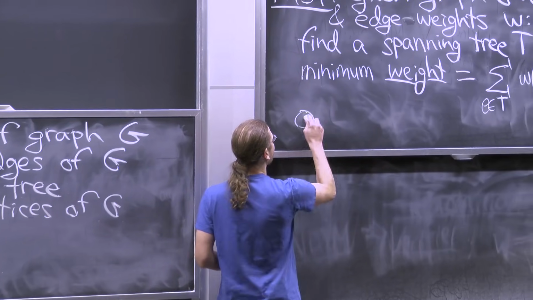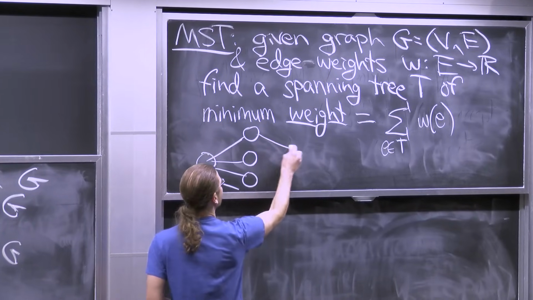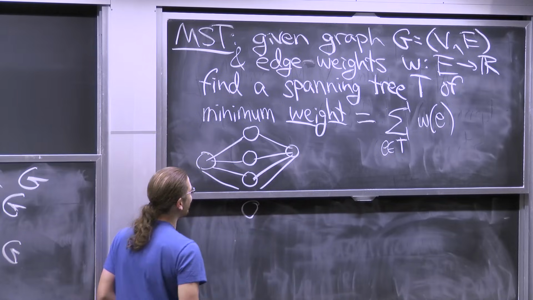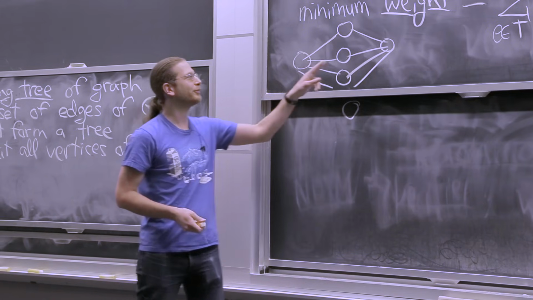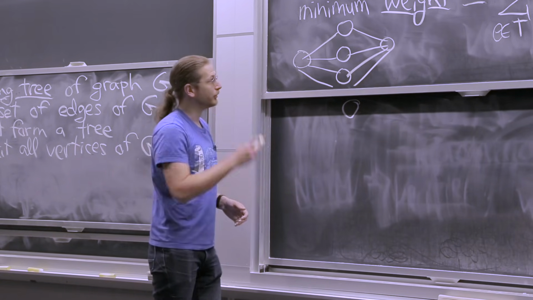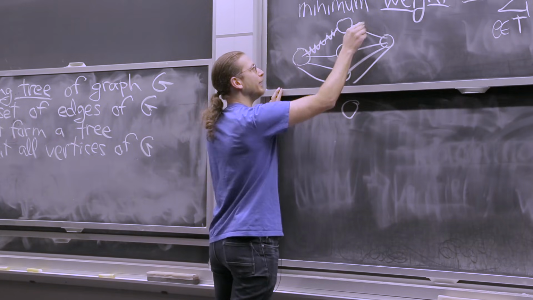Here's a graph where the number of spanning trees is exponential. This is a complete bipartite graph with 2 vertices on one side and n vertices on the other. And so let's say we put these 2 edges into the spanning tree.